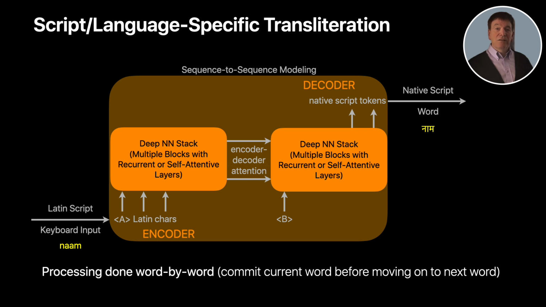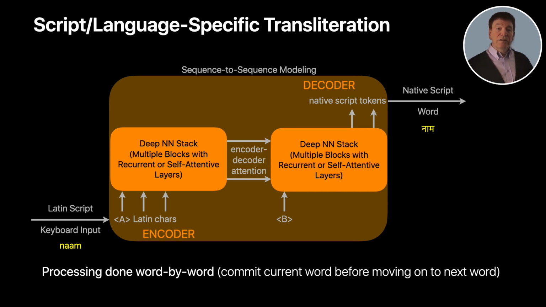Processing is typically done word by word, so users do not have to wait for the entire sentence before seeing the results. This is illustrated on this slide for the input character sequence NAAM, which results in the Hindi word for name. In this case, the output tag would specify Hindi as the desired native script, making the mapping specific to the target language Hindi.